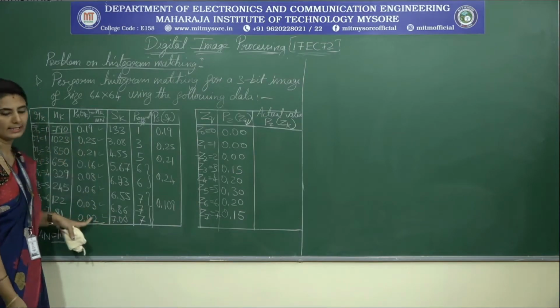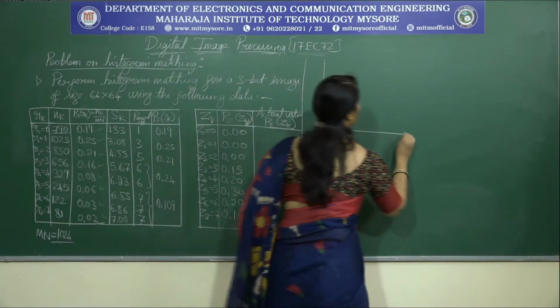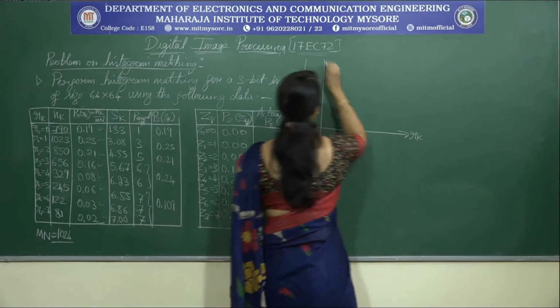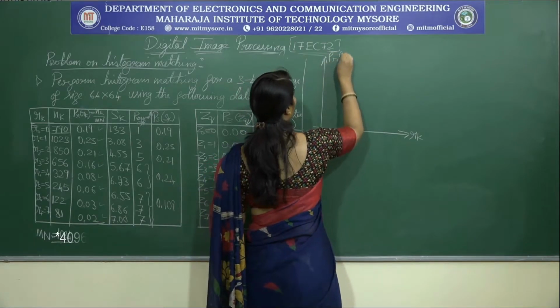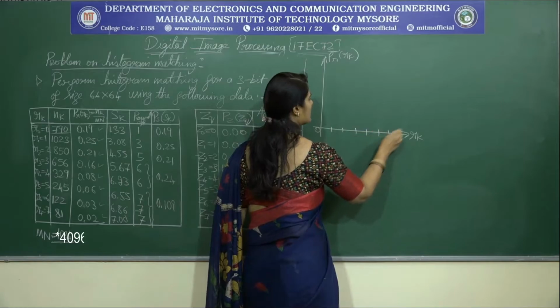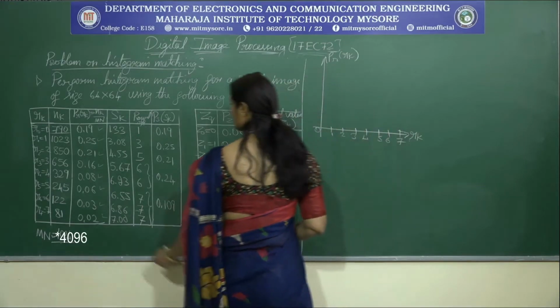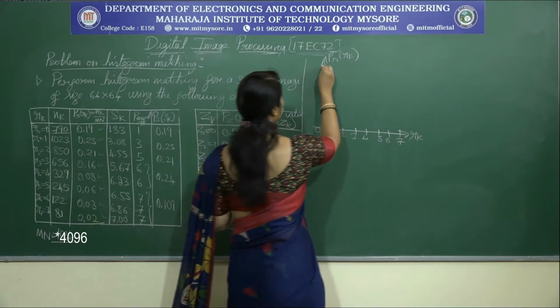So we can plot a graph of this, Rk versus PR of Rk, for 0, 1, 2, 3, 4, 5, 6, 7. The maximum amplitude is 0.25.